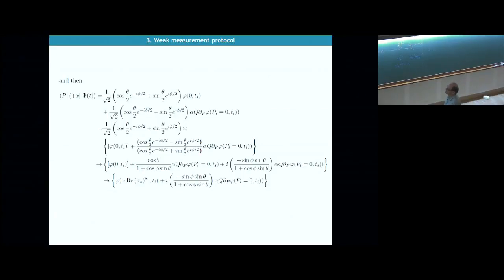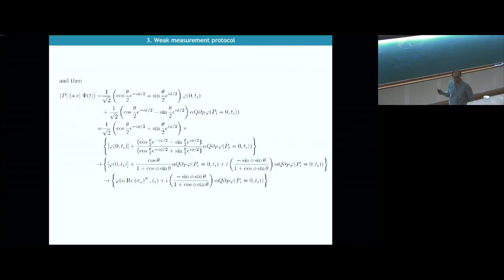Rearrange, and this is what you obtain. I'm just expanding to first order. I'm not doing anything sophisticated. And then once you rearrange, you employ the usual trick of factoring this out. You see that the weak value actually appears, right?